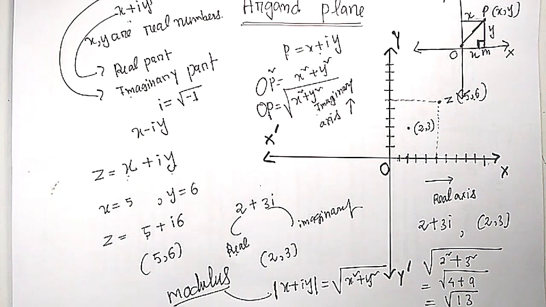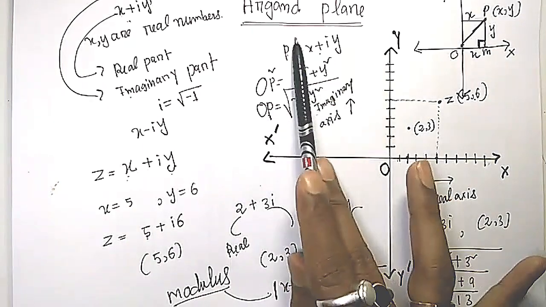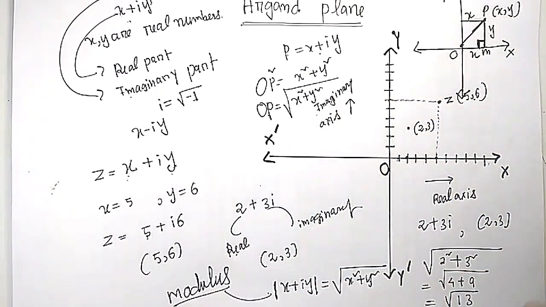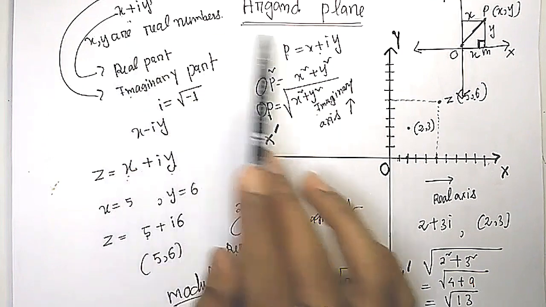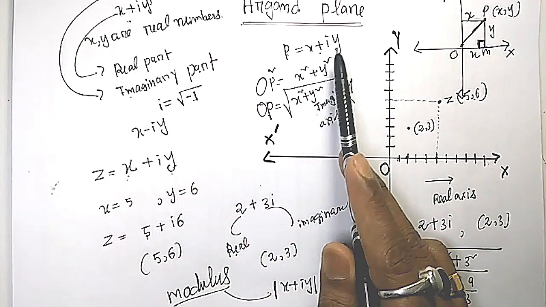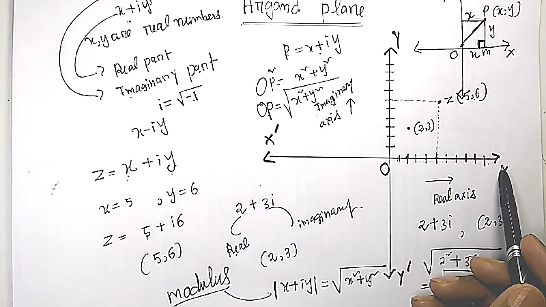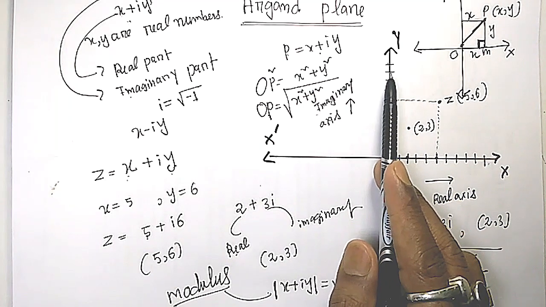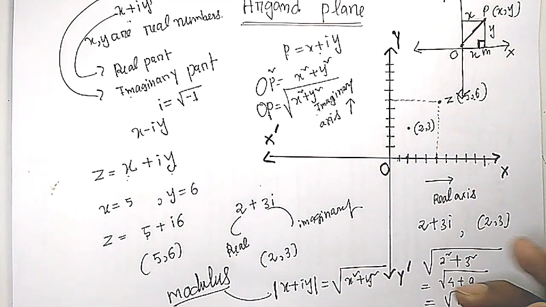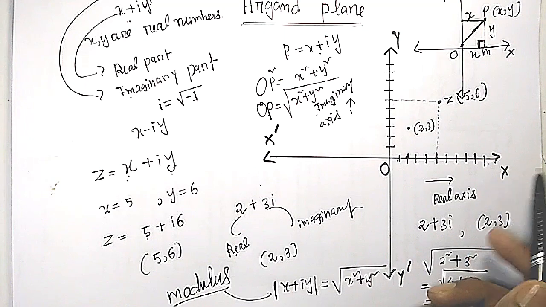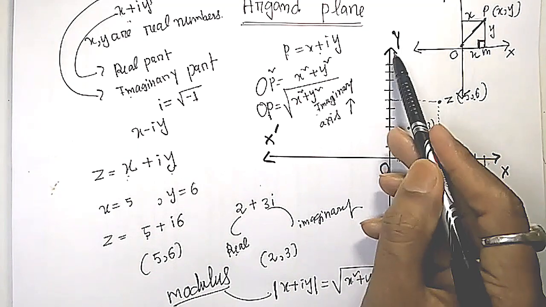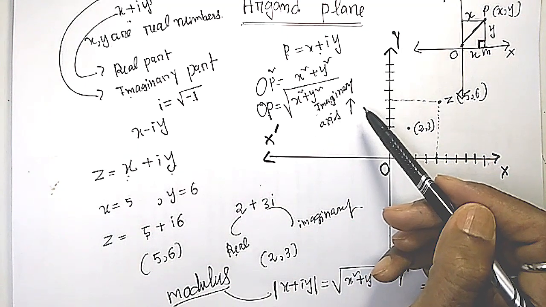So once again, let me repeat the topic, the Argand plane. The Argand plane is the plane in which we can represent any complex number. It is the combination of x-axis and y-axis, also known as the xy plane, where the x-axis represents the real axis and the y-axis represents the imaginary axis.